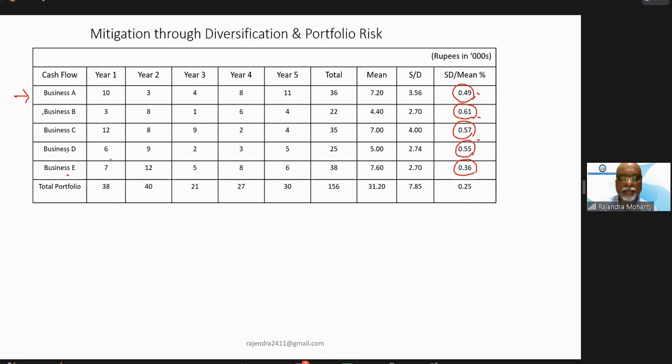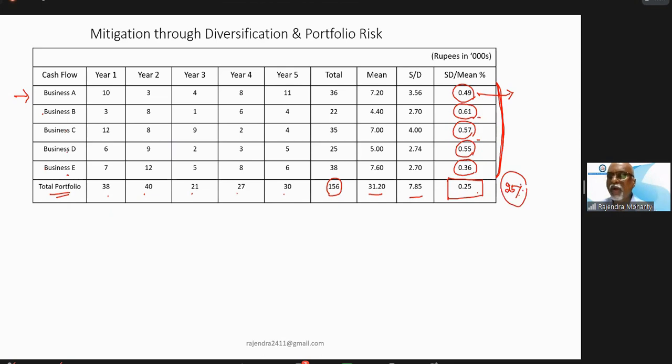So these are the different risk levels of his businesses, calculated as per the net cash flow of each year through this formula. Now, when we add up all the businesses together, the total portfolio comes as 38, 40, 21, 27, 30. So total comes 156, mean is this much, standard deviation this much, and the risk has come down to 25% because he has diversified the business.